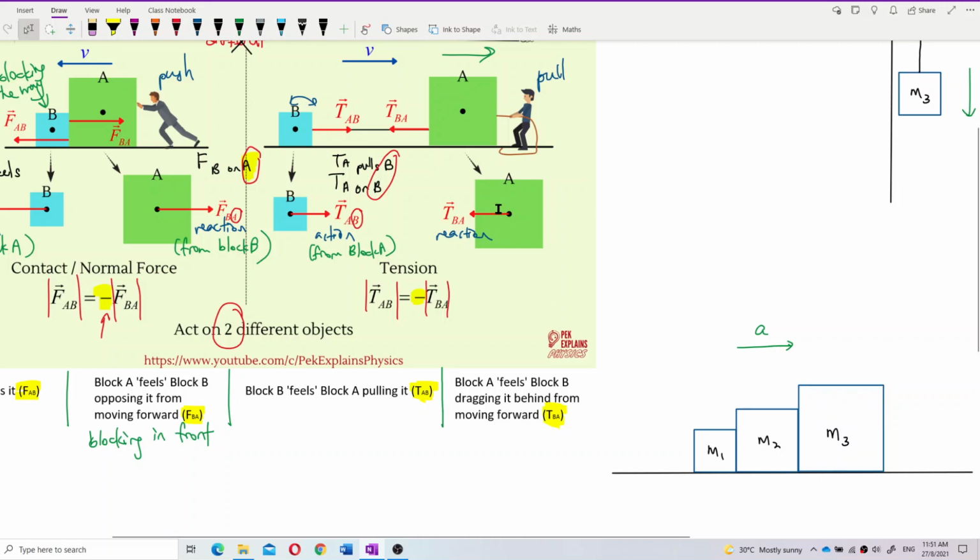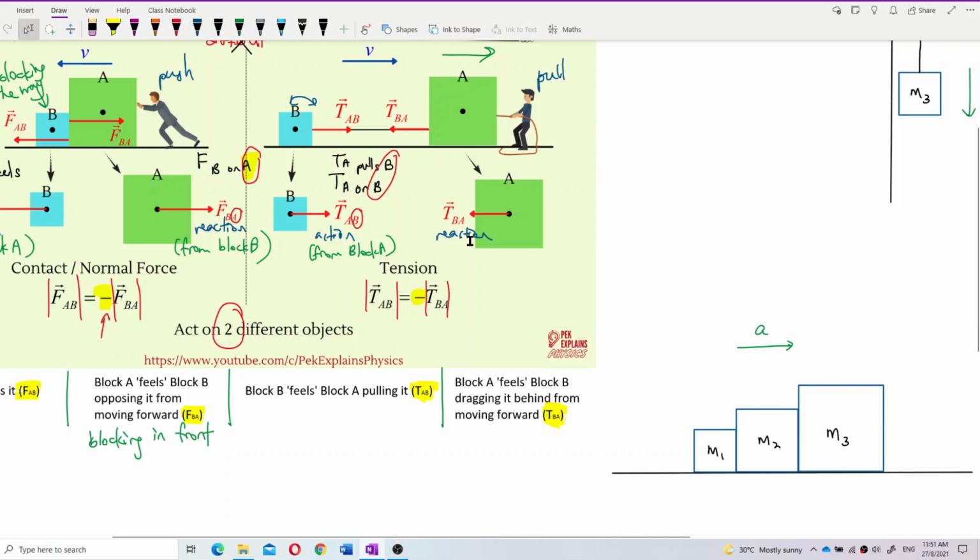So what does block A feel? What is actually felt by block A? The tension TBA, which is the reaction force it experiences. So block A experiences this reaction force. This reaction force is block B dragging it behind from moving forward. It feels the tension TBA, the reaction force.